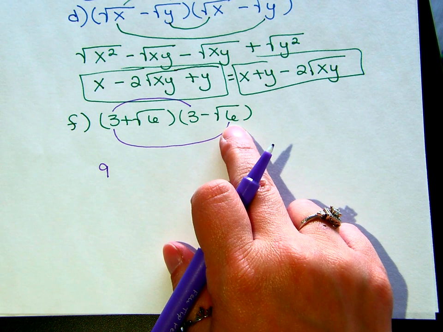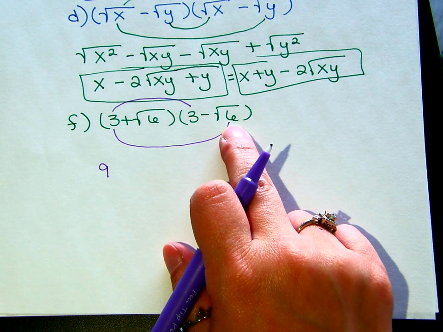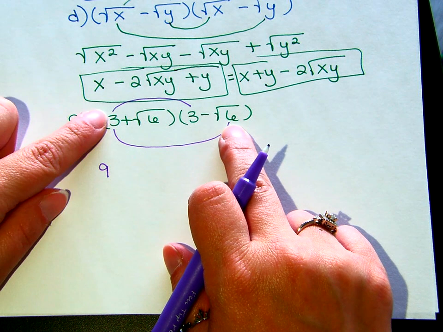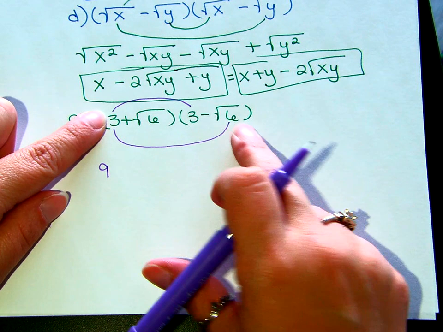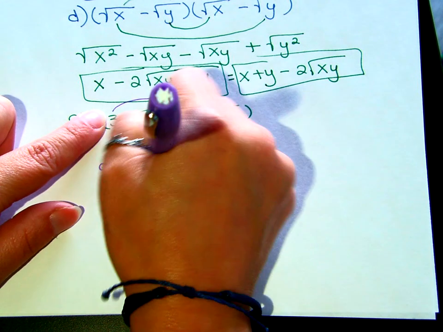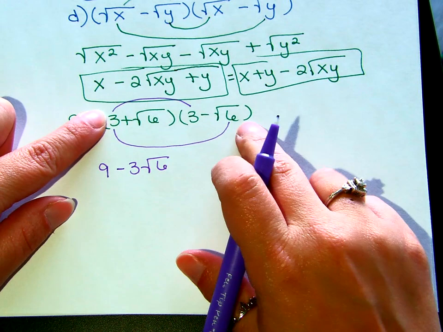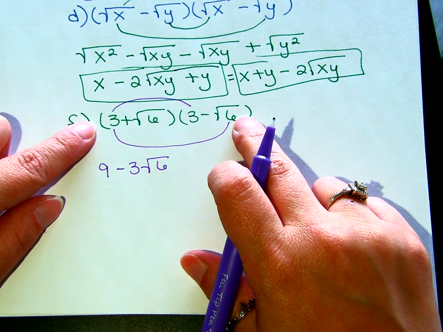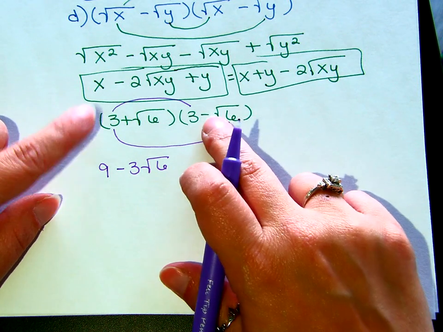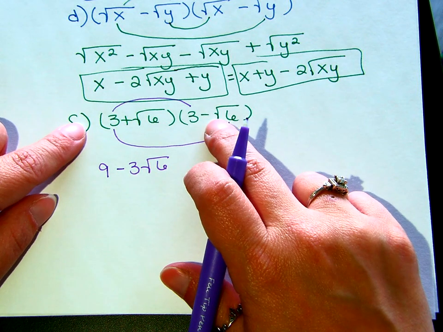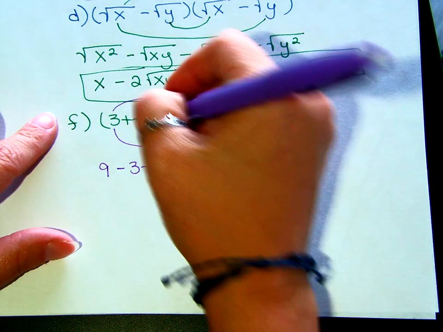This is a whole number. This is a radical. So I'm going to get a negative 3 radical 6. This one's a little bit different. This is not a radical 3, so I don't multiply what's underneath. I'm multiplying the coefficients. Then I do my inner, which will give me a positive 3 radical 6.